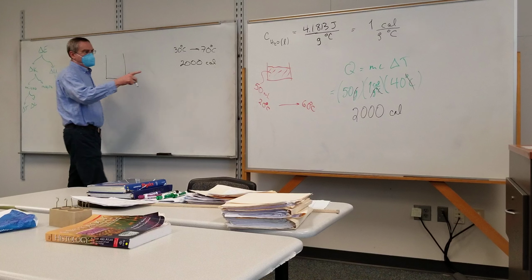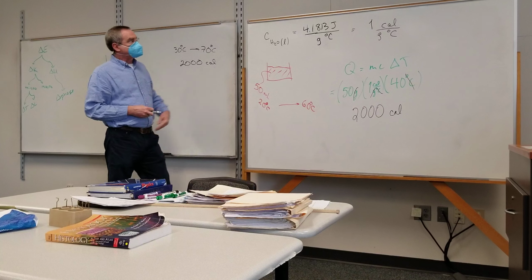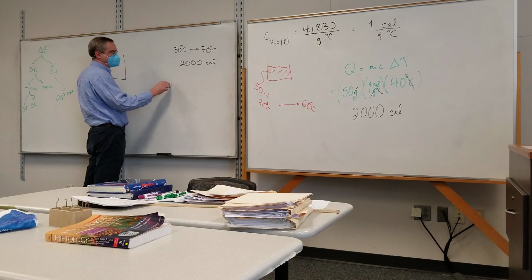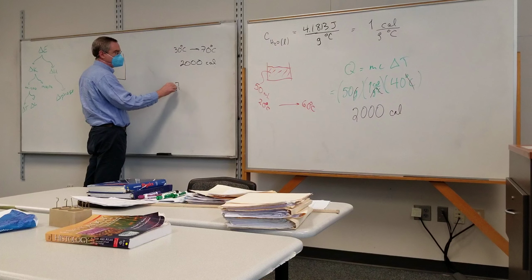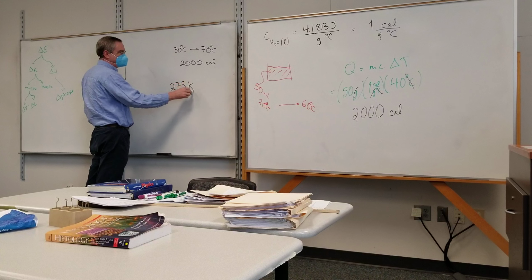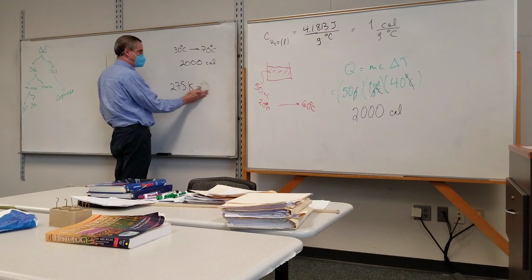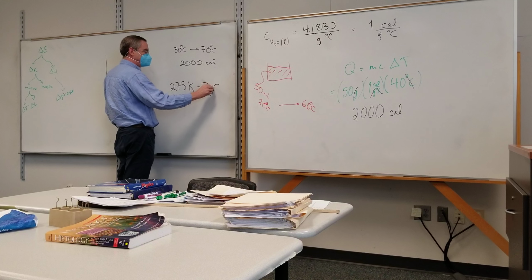Now, still 1 calorie per gram degree Celsius, and we're going to take it from 275 Kelvin to 315 Kelvin.